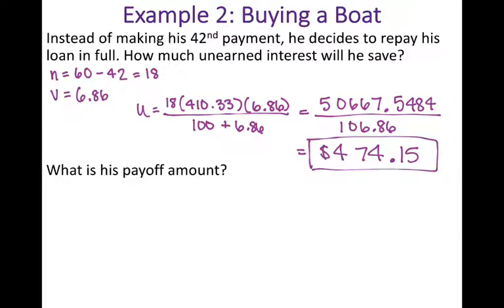So that is how much John saves if he pays off the rest of his boat after he makes his 42nd payment.